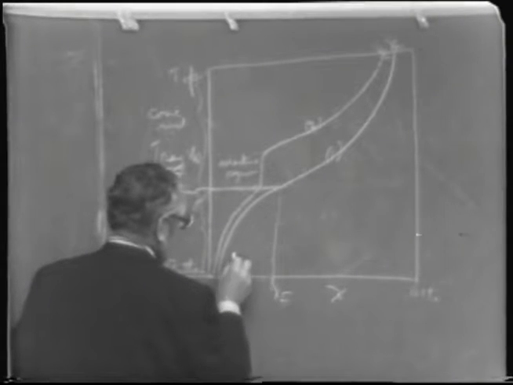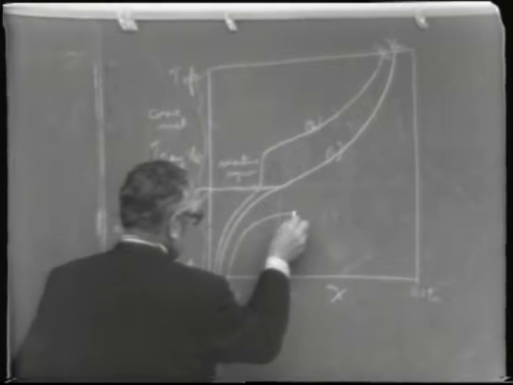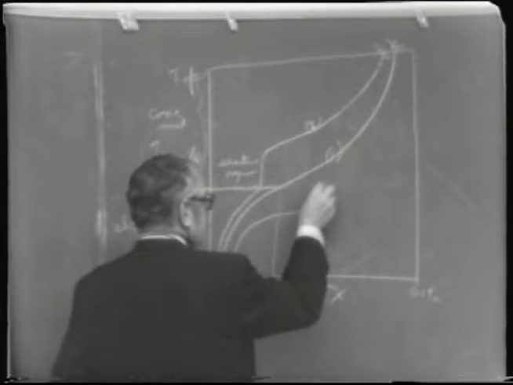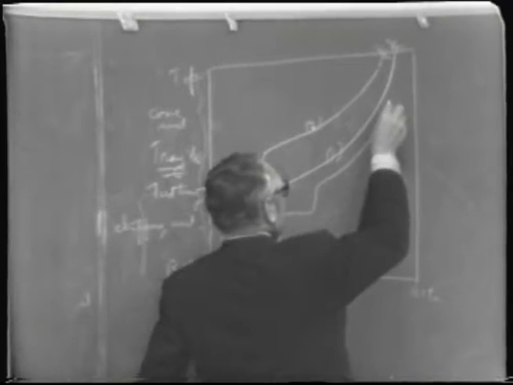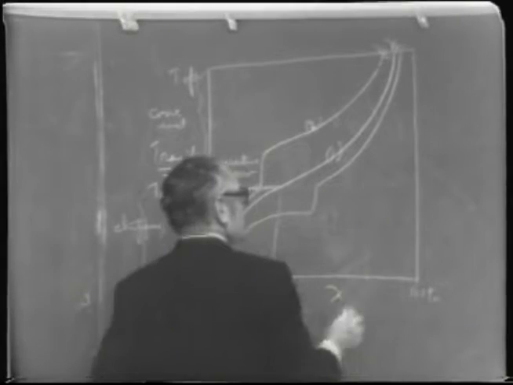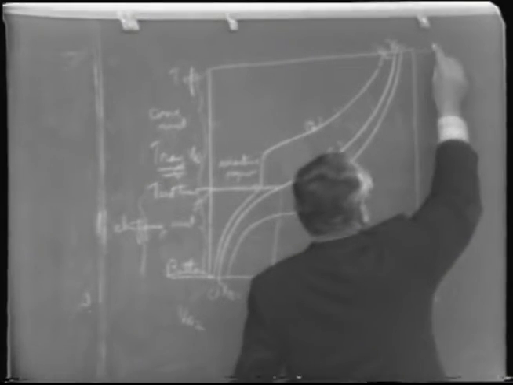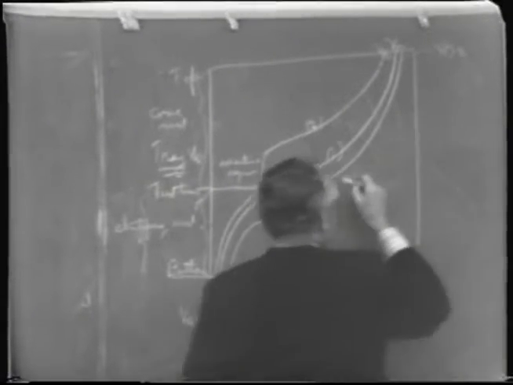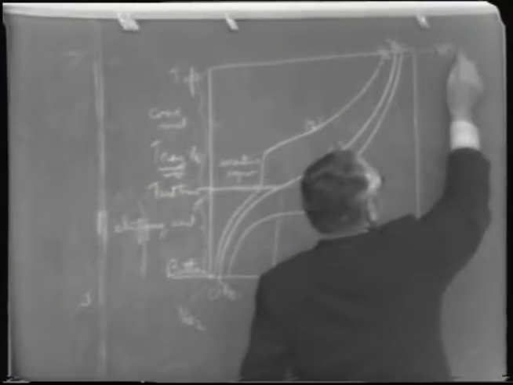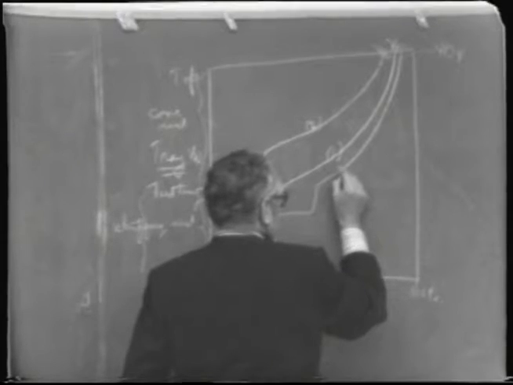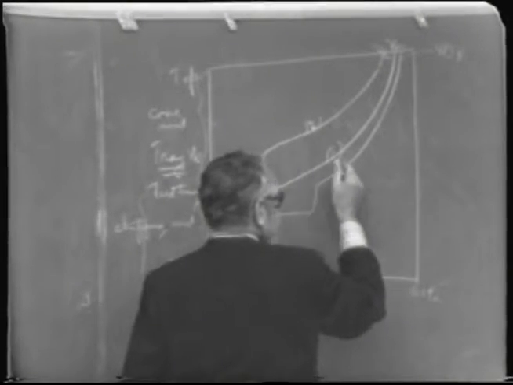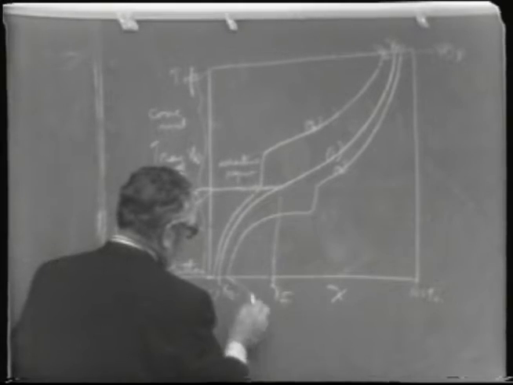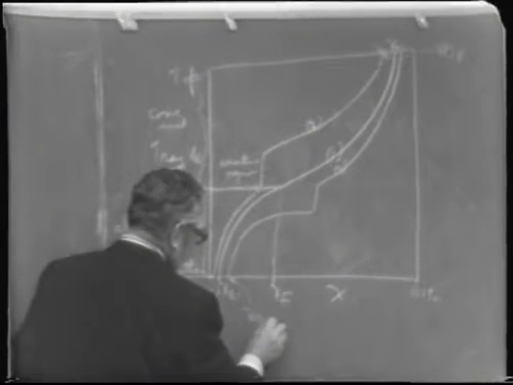You'll get poorer stripping, and an inactive tray region here, and then it'll finally go up and get a slightly higher product concentration. So this would be X sub D3, where this corresponds to curve 3. And this here would be X sub B3.